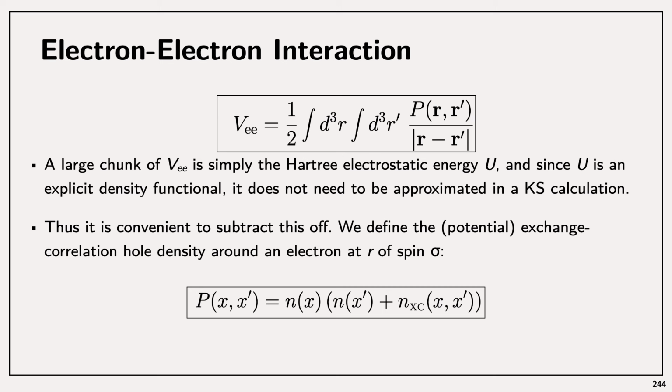So instead of having n2(x, x') equal to n(x) n(x'), as we would in the Hartree-Fock approximation, we correct the n(x') by a correction called n_xc, which is due to the fact there is an electron at x. Now, this piece n_xc is essentially the change in the density at x prime because there is an electron at x.